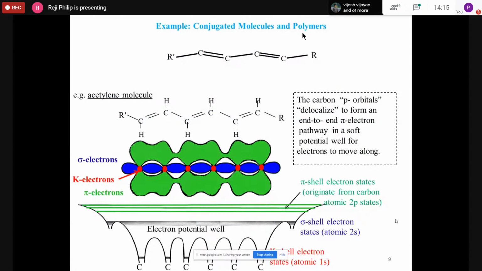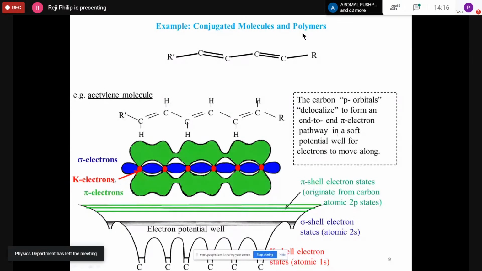Now we need free molecules, or at least they're all bound all the time, but they need to be free also. So just to see an example of conjugated molecules and polymers. Let's say conjugated, what happens is there's a single bond and a double bond that alternates in your molecule. Taking the case of the simplest molecule, the acetylene molecule, if we map the different electrons in that molecule, this is the way it looks.